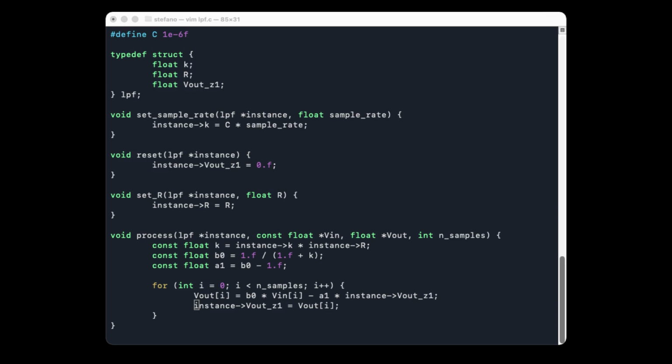In our case, we have a coefficient, so-called k, which is some pre-computed mathematical value that will be reused. Then r, which is the resistance of our potentiometer, and then this Vout Z1, which essentially indicates the Vout value at the previous iteration, so the previous value of Vout.